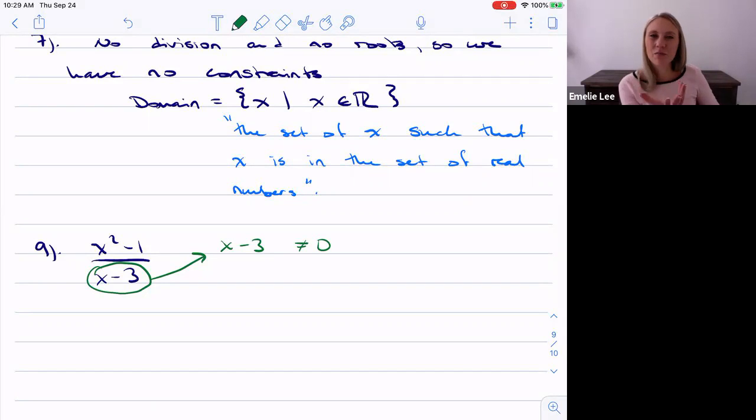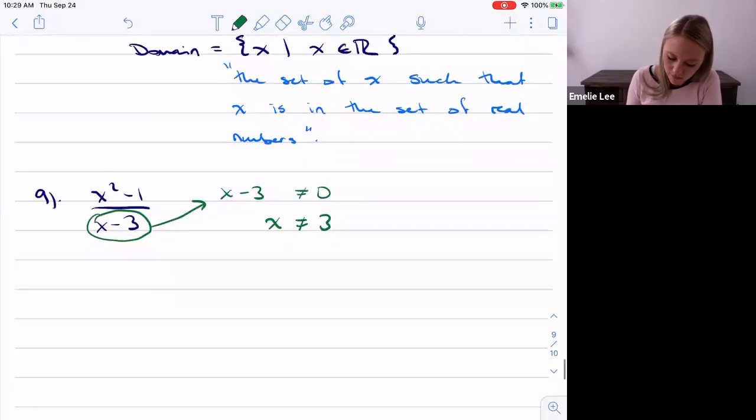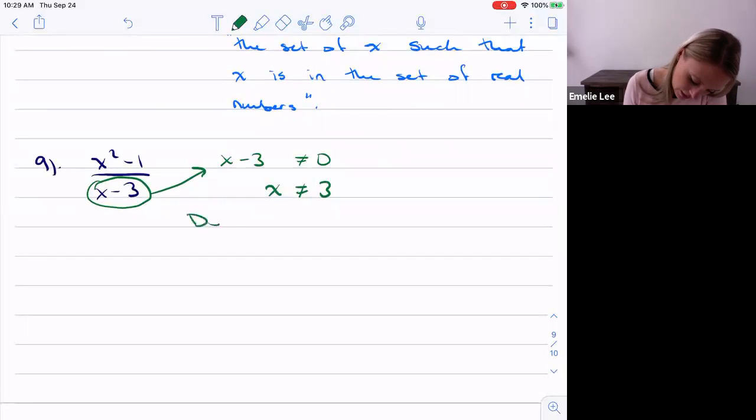I can do math around these inequalities, which means that x cannot be equal to 3, right? I add 3 to both sides. So the domain is the set of all x's such that x is not equal to 3.